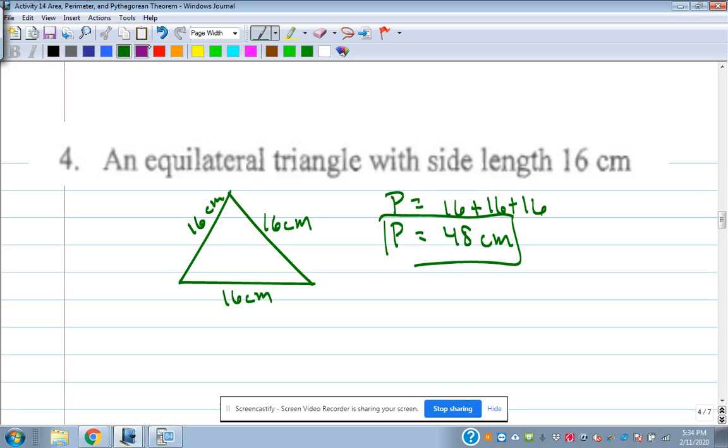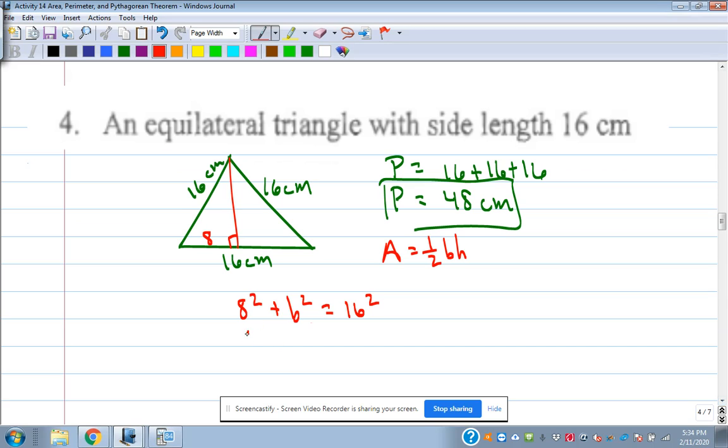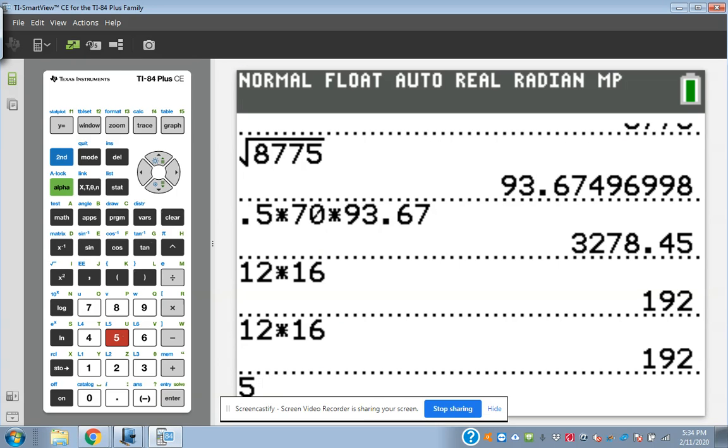And this is just like an equilateral. We're going to have to drop a perpendicular to find the height for the area. You got to do that stuff. So 8 squared plus b squared equals c squared. 64 plus b squared equals 256. 16 squared.